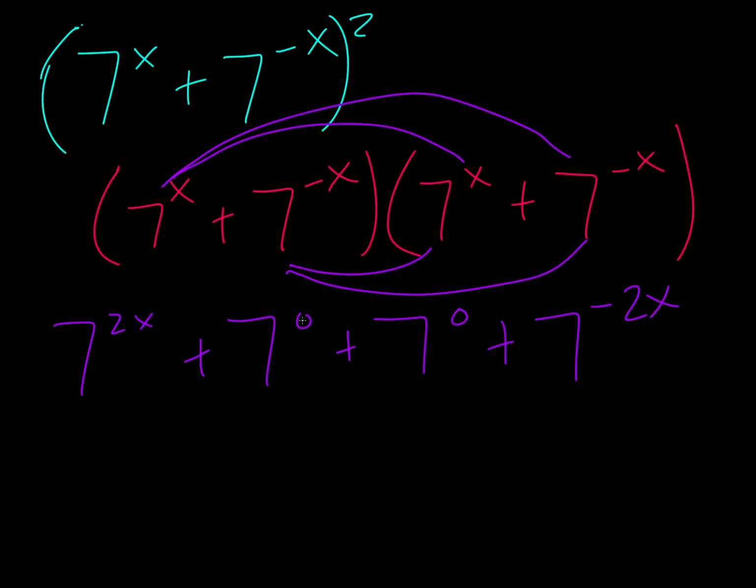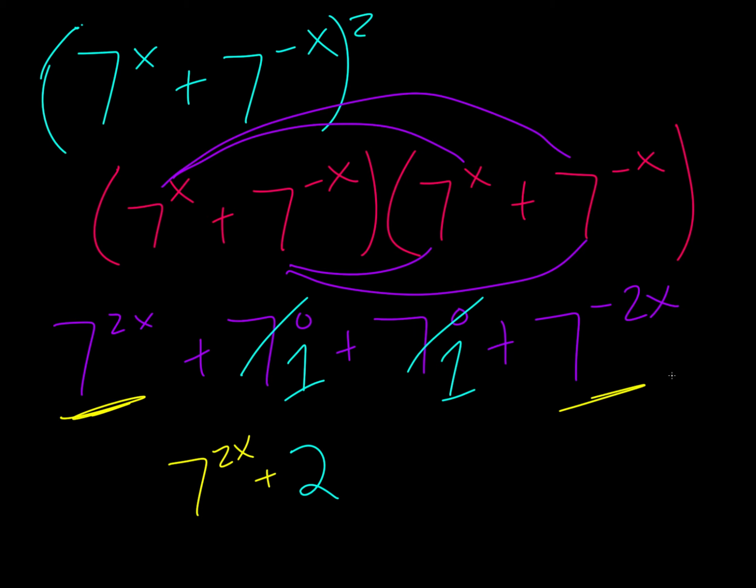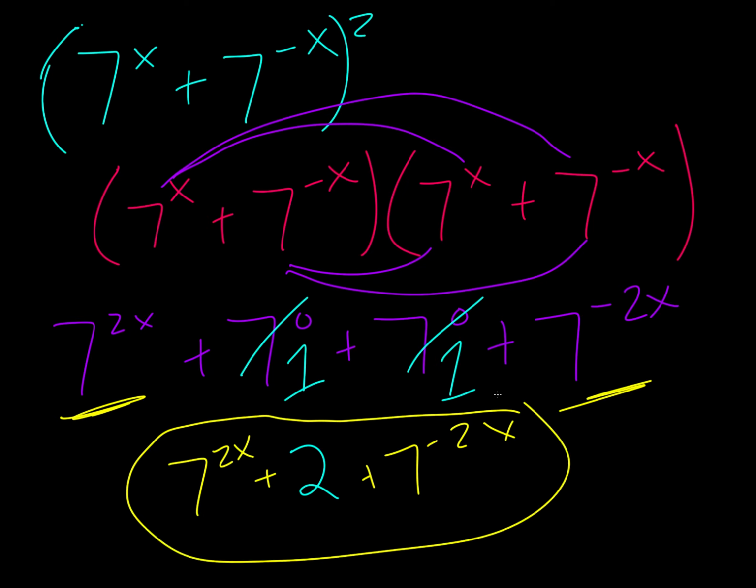Okay, 7 to the 0 is actually just 1. And so we get 1 plus 1, which is 2. Then we get just our 7 to the 2x and our 7 to the negative 2x. And we'll just leave it like that.